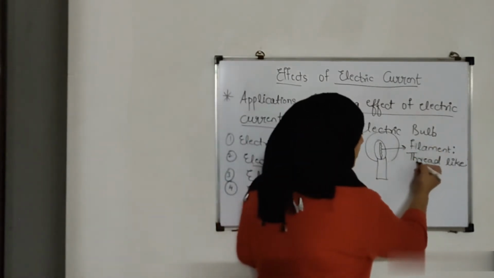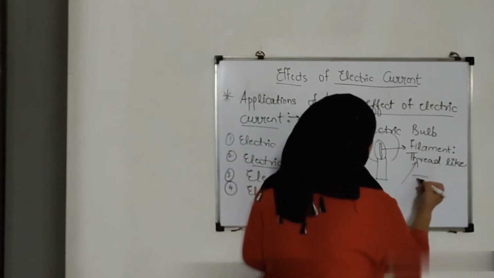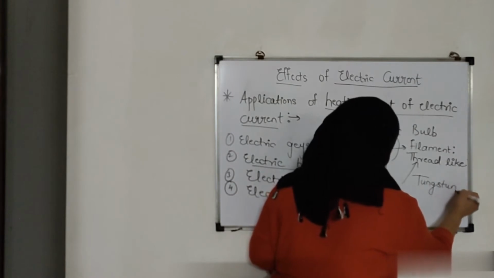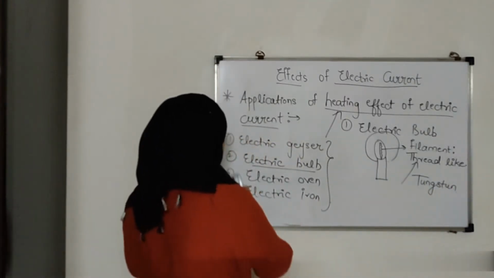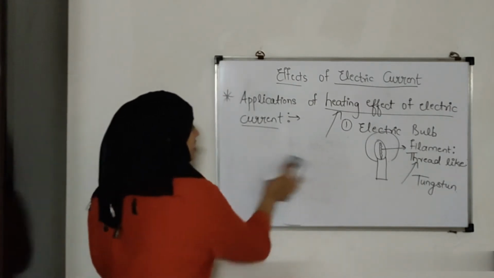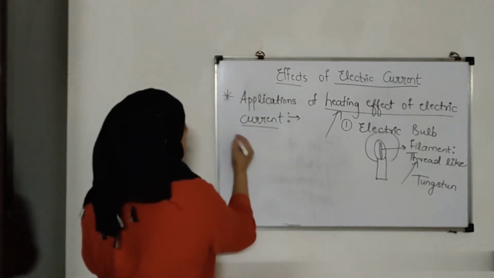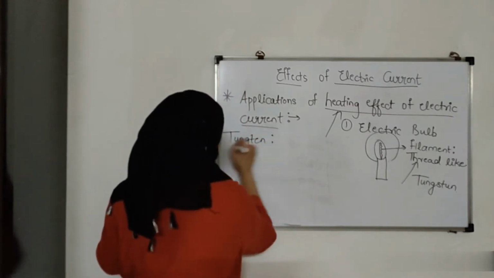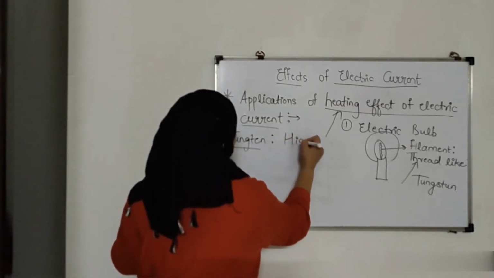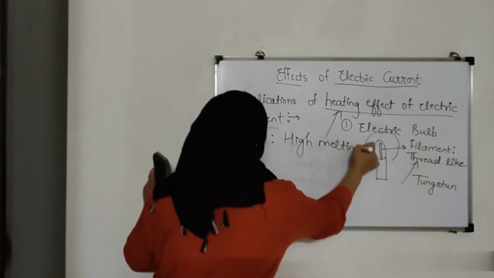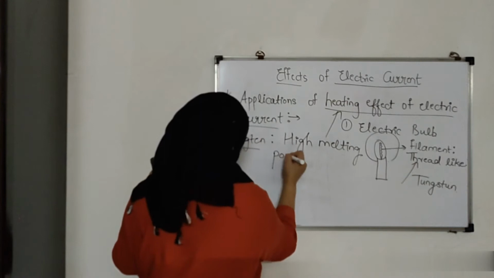Now mostly this filament is made up of a substance like tungsten. Why? Tungsten has a high melting point, which means a lot of current can pass through it and only then would it melt.